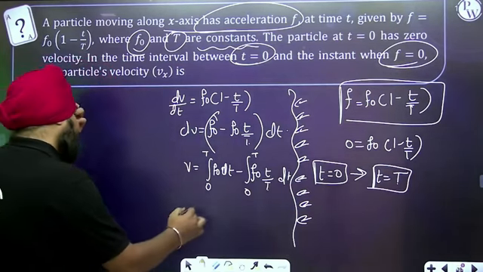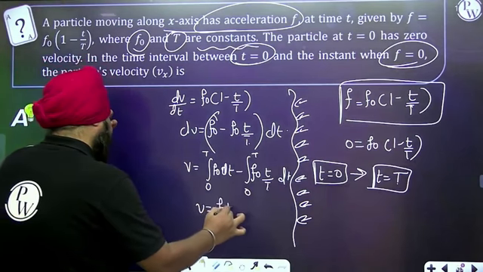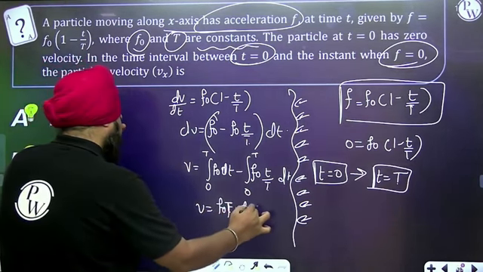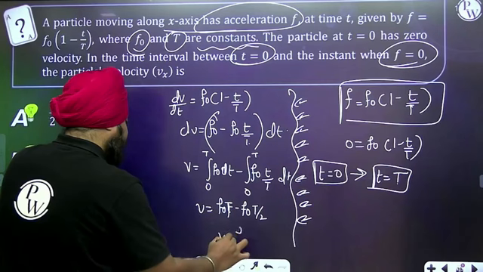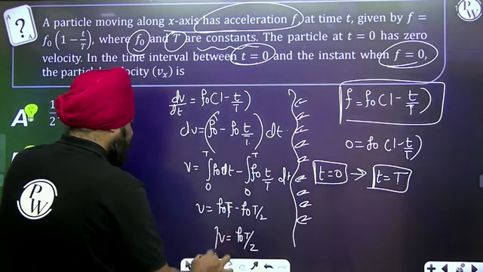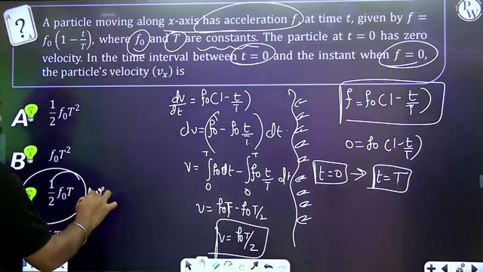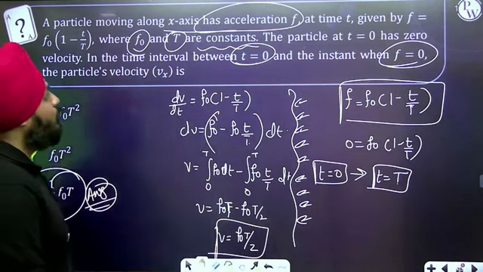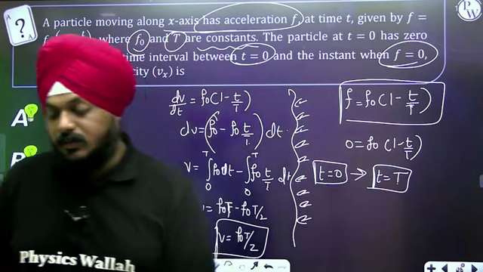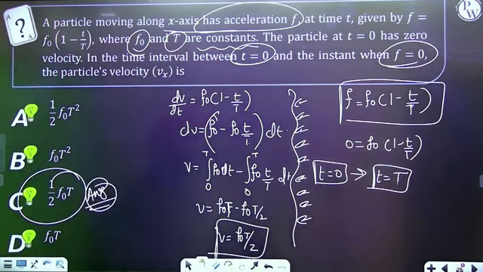So this is going to be f0 T minus f0 T by 2. The velocity will be f0 T by 2. This will be the perfect answer for this specific question and the perfect use of the calculus method.